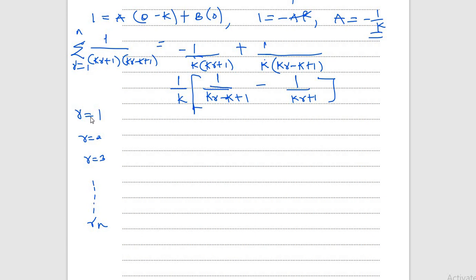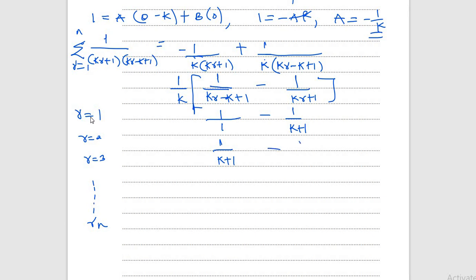When R is 1, 1 over K is still outside. When R is equal to 1, K minus K is 0, here will be 1. When R is equal to 1, here will be 1 over K plus 1. When R is 2, we have 1 over 2K minus K, this K plus 1.